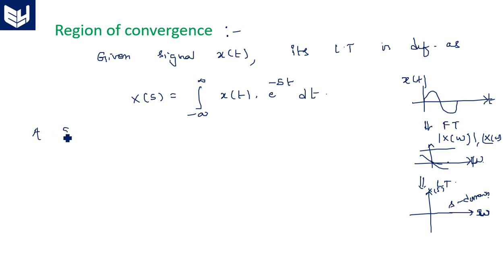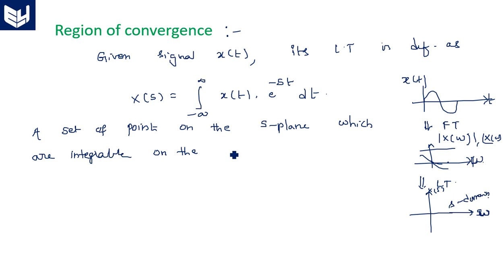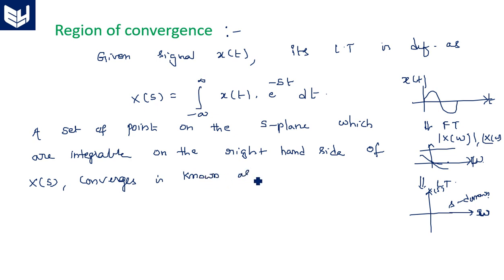So a set of points on the s plane which are integrable on the right hand side of X of s, where X of s converges, is known as region of convergence.